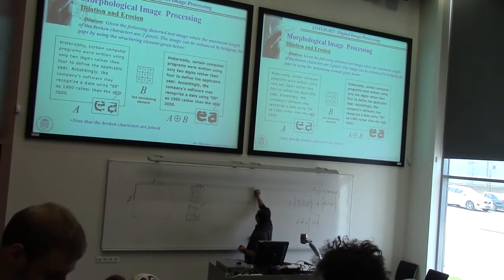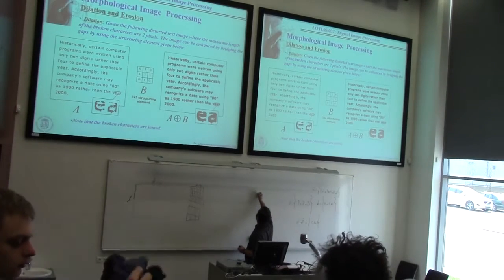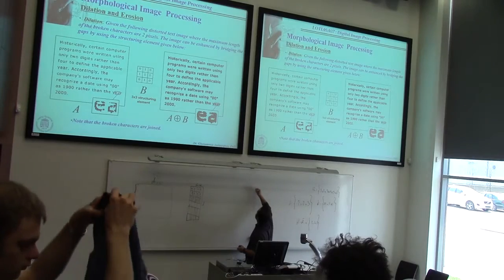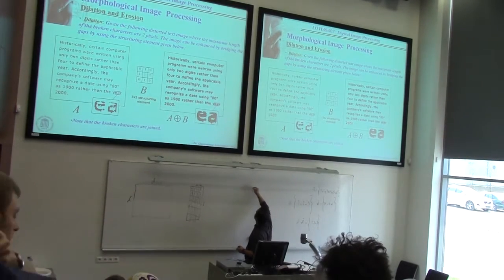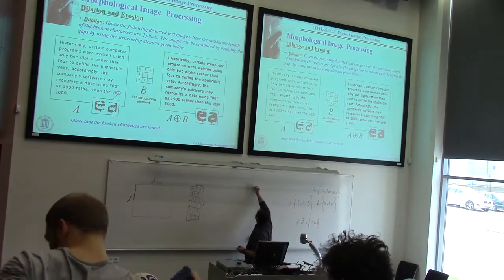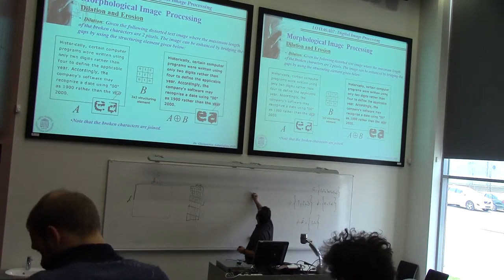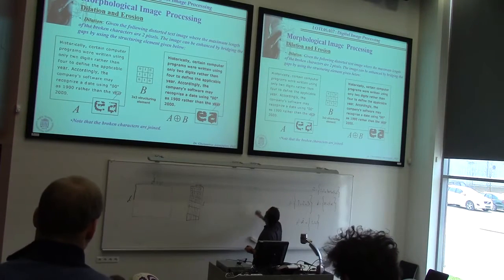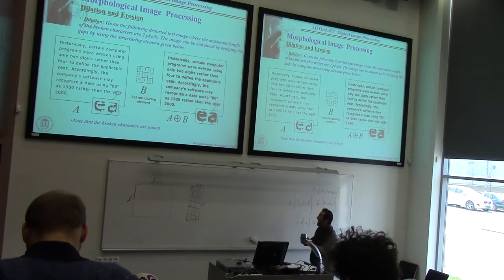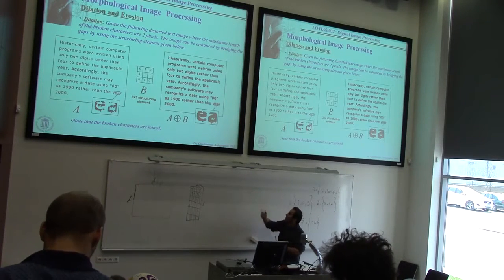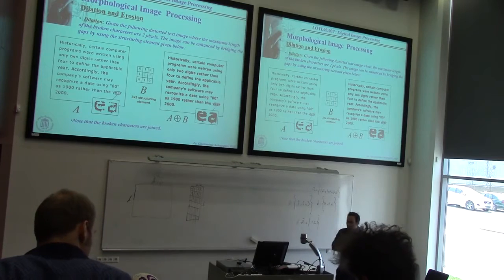When we put the center here, okay, we have something like this. It means that we can't add these parts to the image, or for example these parts to the image.